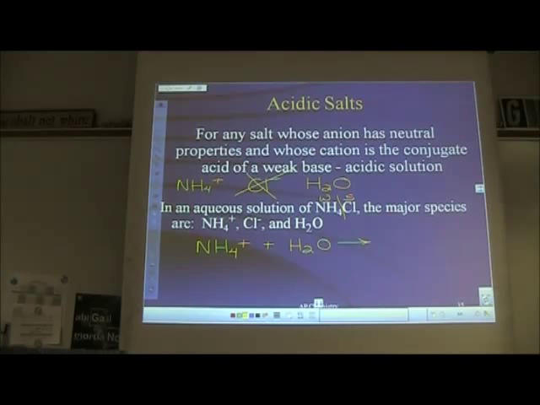And I know ammonia is a weak base. Okay? And since we just said that, okay, this is going to form a base. What base is it going to form? Ammonia. What's left? What's my other product? Okay, H plus, or you could write it as H3O plus, same thing. Okay?